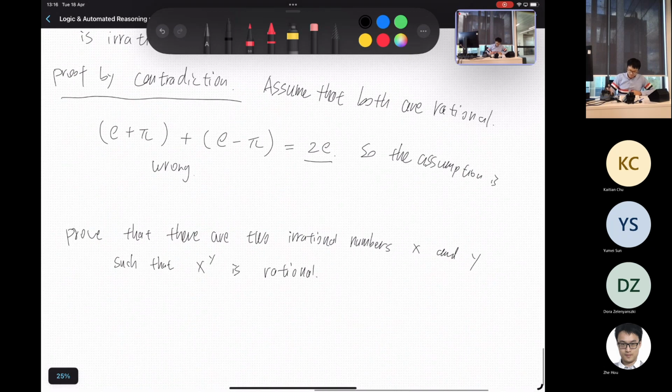So here's our second task. We're going to give some examples, but those examples are not really the evidence that we give.